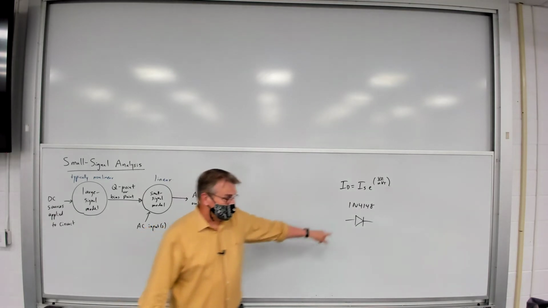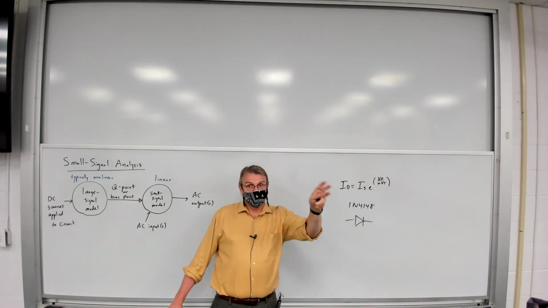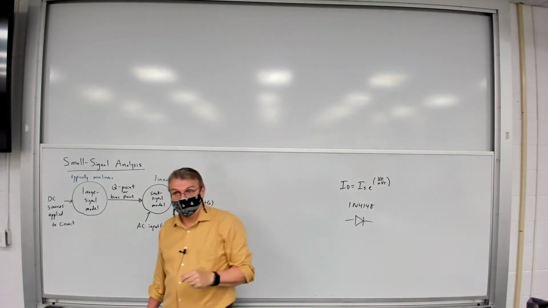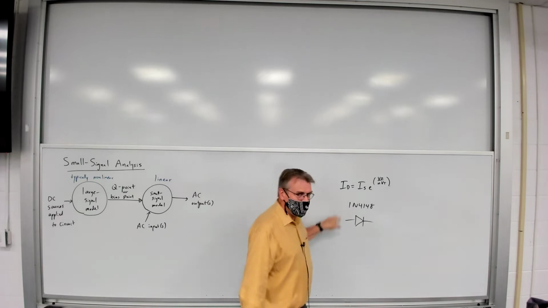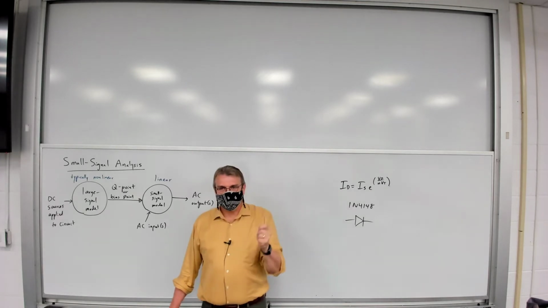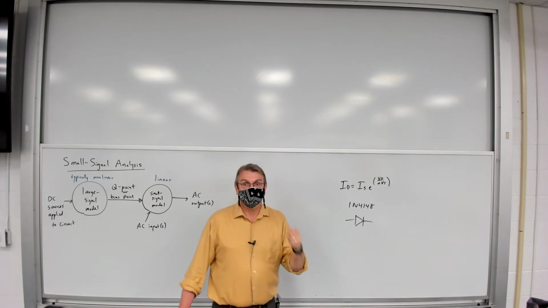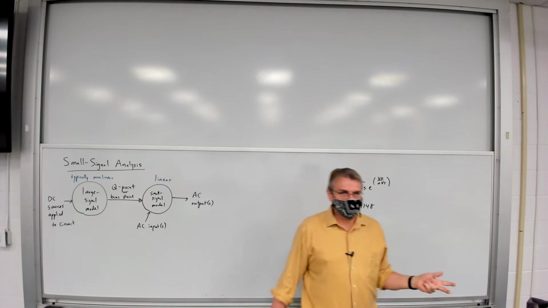But your particular diode may have a different tolerance, and may have a particular value that is quite a bit off from what the simulation would tell you. So again, don't be surprised by that. Don't be shocked. What you're learning in this class is that there is a difference between hand calculations versus simulation versus measurements. You're going to see this as you go through the semester. This should not be a surprise to you.